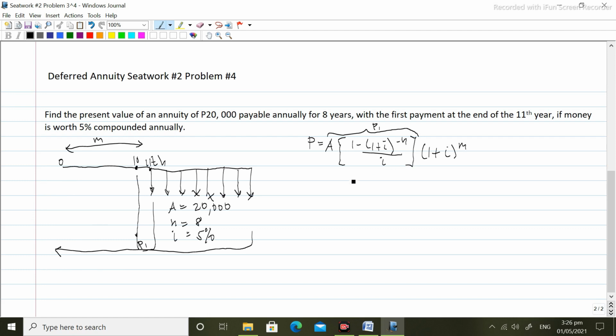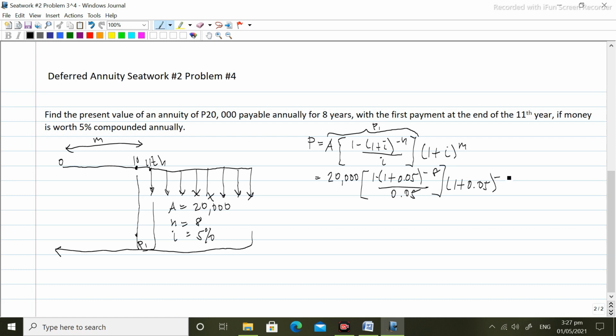Okay? So, substitute natin. Yung A natin is 20,000 series ng payment. So, 1 minus 1 plus interest rate na 5%, 0.05, raised to negative N. So, negative, ilan yan? 8, divided by 0.05. Tapos, 1 plus 0.05 raised to, so, papunta, diba? So, magne-negative.